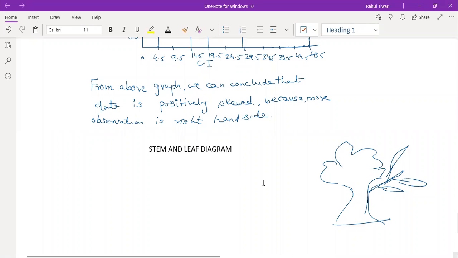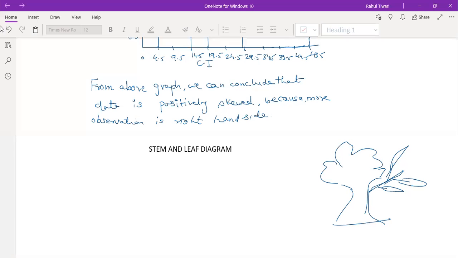Only thing is that we need to understand the concept, and their procedure is slightly different. So we will first see one problem, and then we will go to the theory part, how this particular theory works. Let me take one example to make you understand how these graphs work.